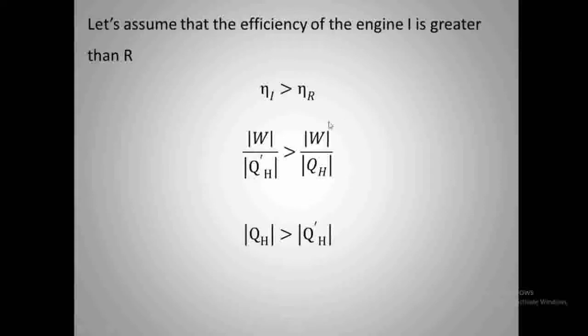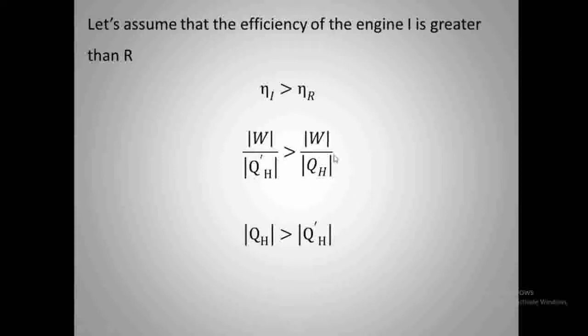Let us assume that the efficiency of engine I is greater than the efficiency of the Carnot engine. So the efficiency of I, W by Q dash H, is greater than W by QH. Then what about the denominator?